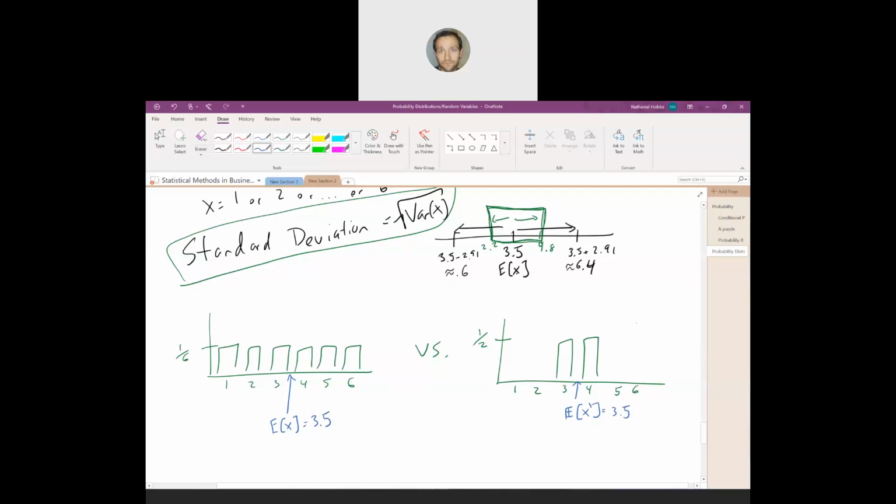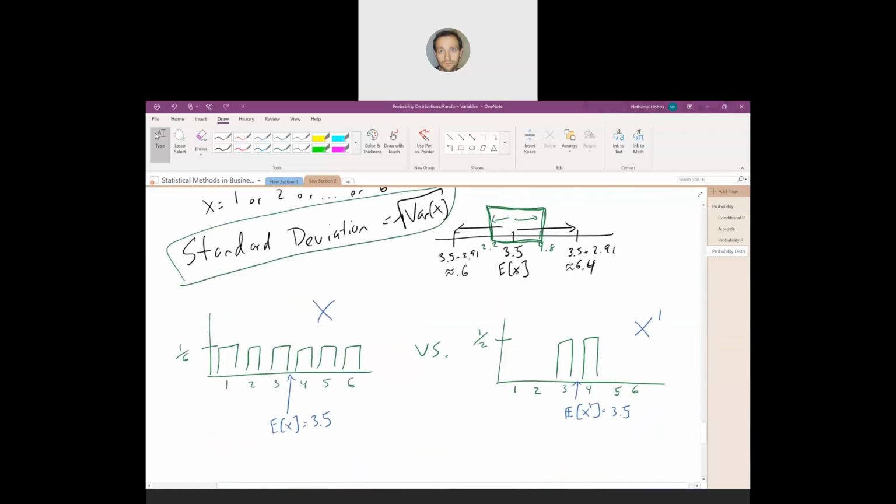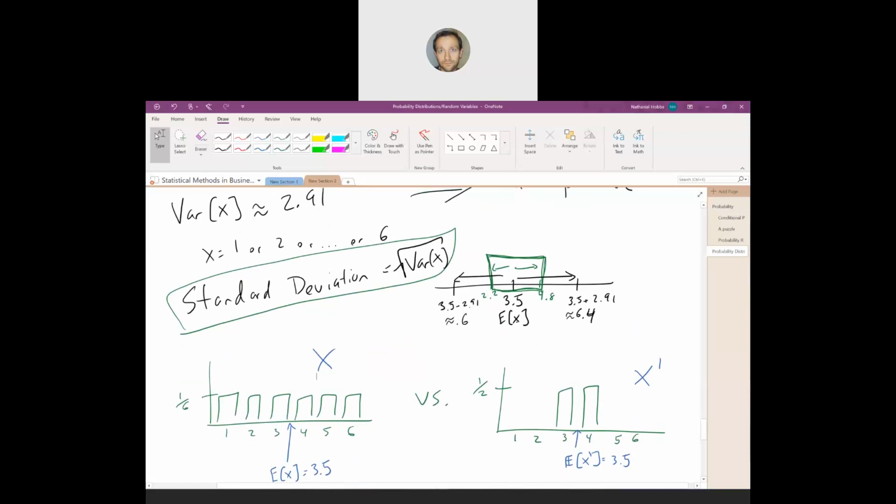What was x prime? Yes. So here, this is a high variance for this random variable. The reason why it's a high variance is because of this region in green.